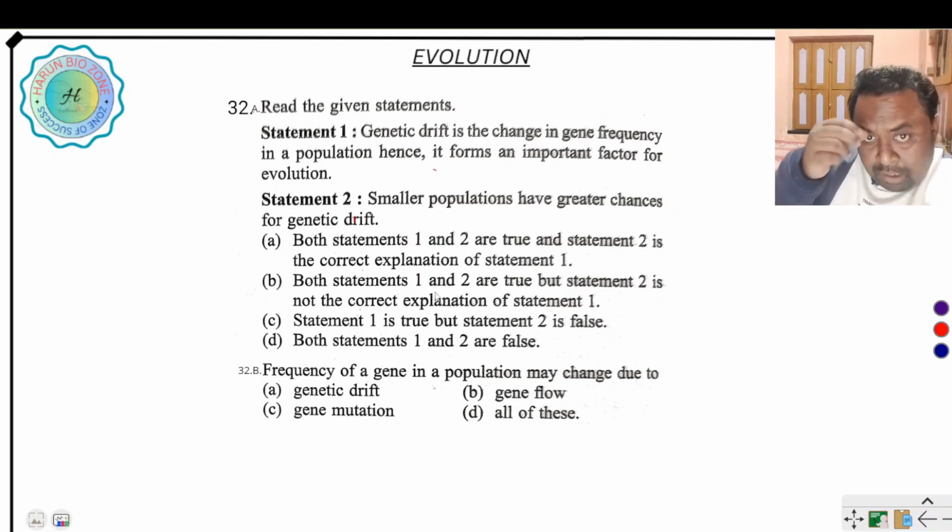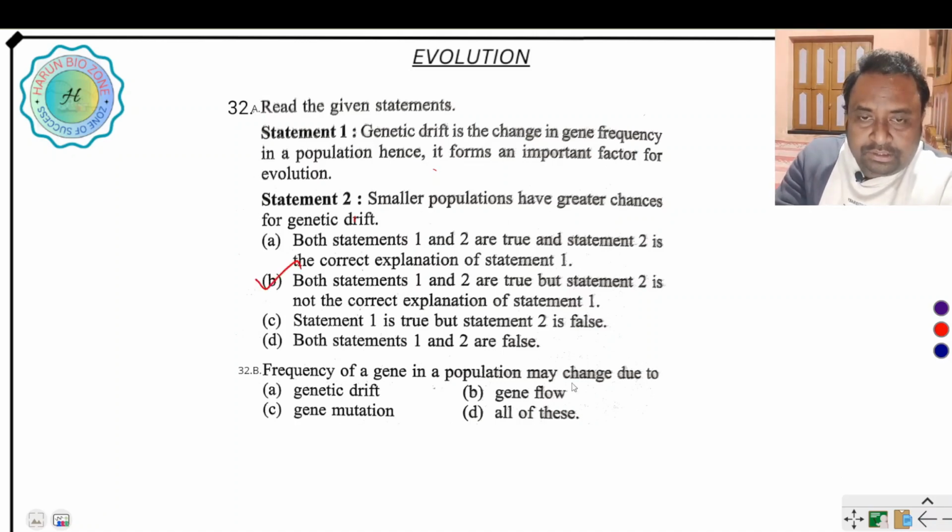B is the correct option. Frequency of a gene in a population may change due to gene mutation, gene flow, or genetic drift. Here, allele frequency changes only by genetic drift.